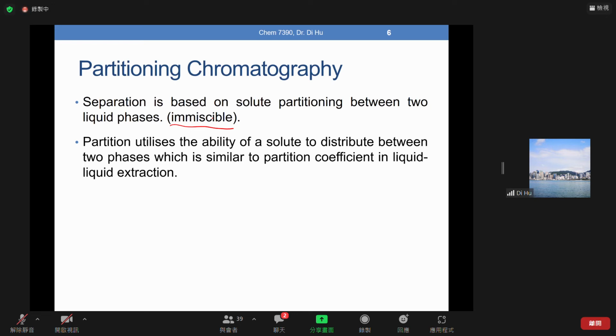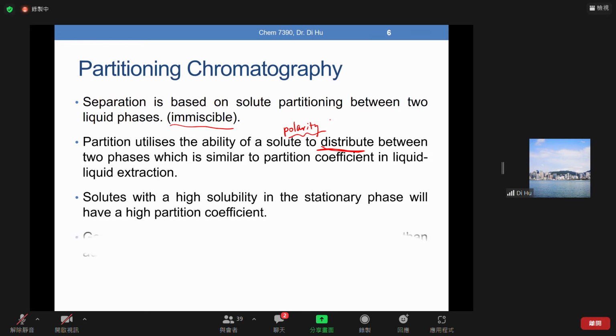One thing that plays a role is polarity. It's not the only reason, but it's one of the key parameters: polarity of the analyte, polarity of the stationary phase, polarity of the mobile phase. They really influence the distribution of the analyte between stationary phase and mobile phase.